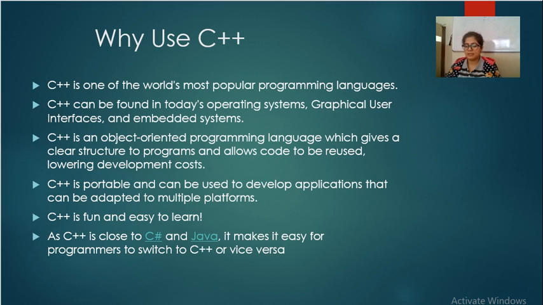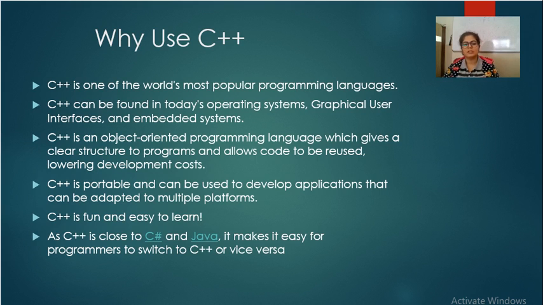Because it provides us the facility that once we design the code, we can simply reuse it again and again without designing it again and again. So this is how it provides us the facility of reusing the code, and it overall lowers the development cost.